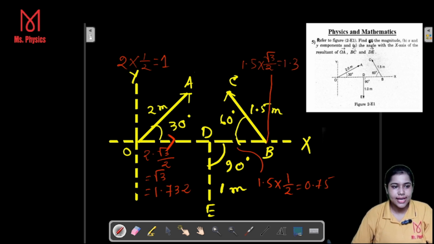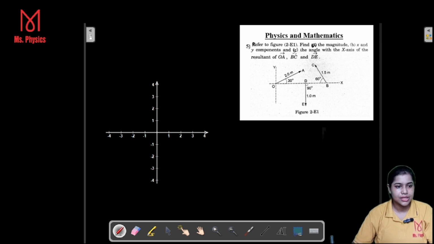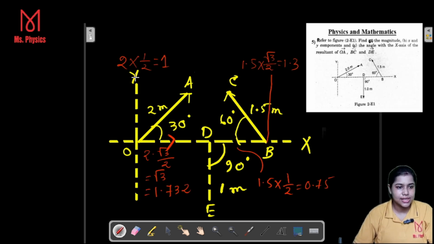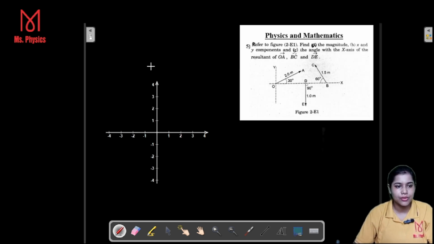Okay. So see here, we have got all the values in x and y components. Now if we resolve it in x, y, then what will I get? I am just writing here on this page. Along the positive y-axis it would be 1 plus 1.3.